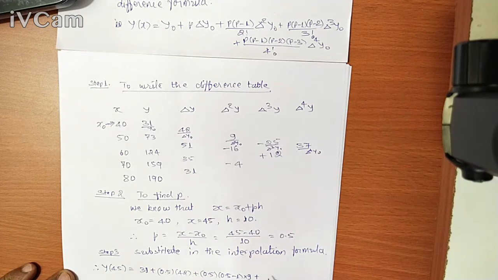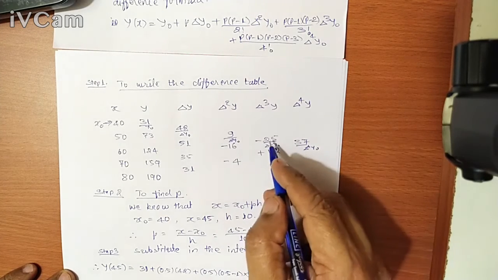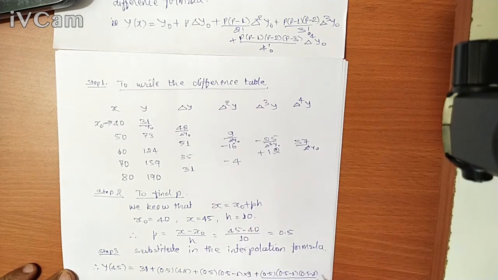Then plus p into p minus 1 into p minus 2, that is 0.5 into 0.5 minus 1 into 0.5 minus 2, divided by 2 factorial. 2 factorial is nothing but 2. So into del squared of y naught. Sorry, del cube of y naught. Del cube of y naught is minus 25.